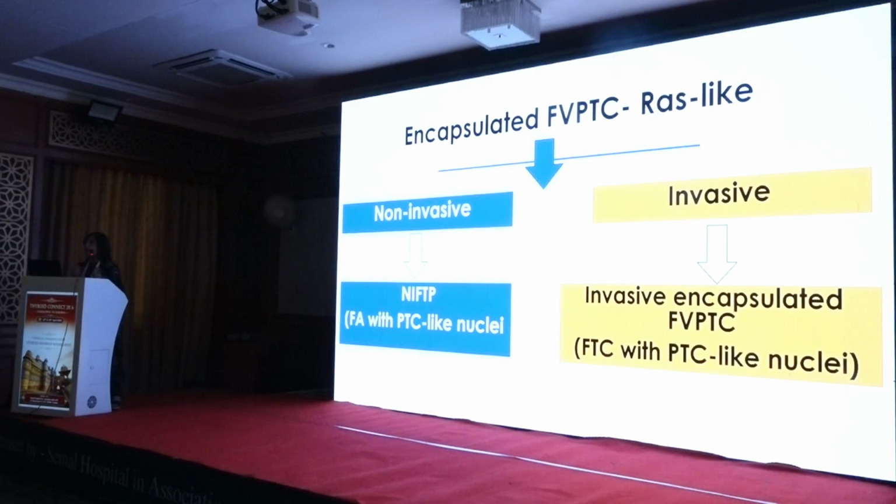You can call it a follicular adenoma with PTC-like nuclei, and that is called NIFT-P. Whereas if it is invasive, then these are still called invasive encapsulated follicular variant of PTC, which basically means they are like follicular thyroid cancers but show PTC-like nuclei. So hopefully in the next editions, this will again merge with follicular thyroid carcinoma, and you don't have to deal with this complicated name, right?